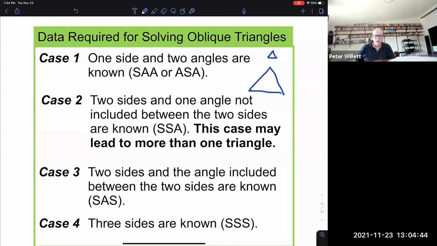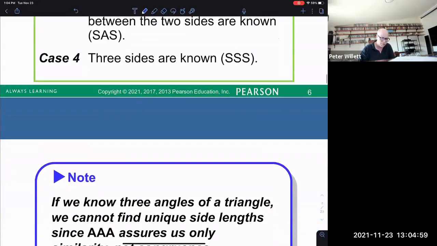So just knowing the angles, there's no way to figure out the sides, because really the sides could have all sorts of different possibilities. So we won't be able to solve a triangle if we only know all three angles. But if we know one of the sides and any two other things, we can solve the triangles.